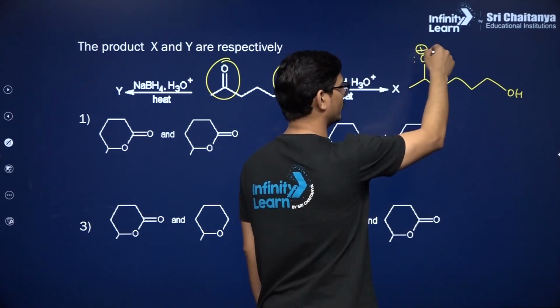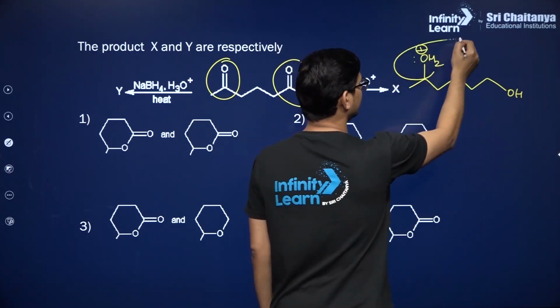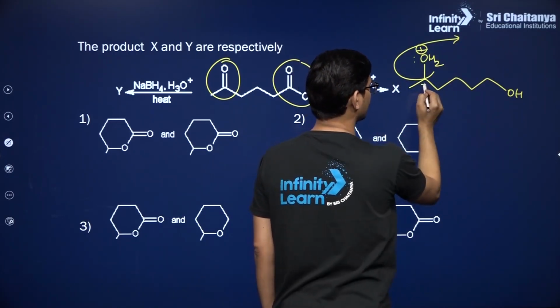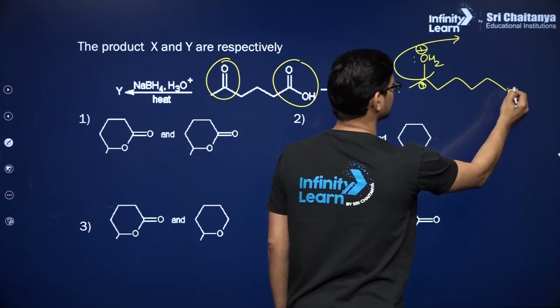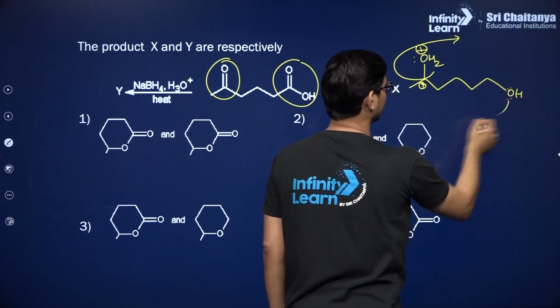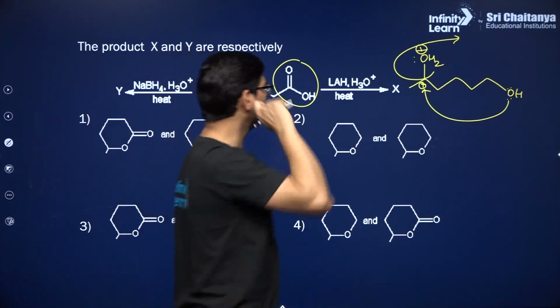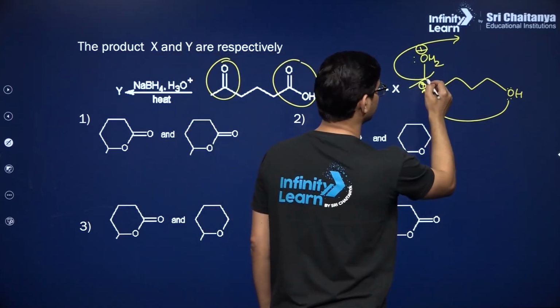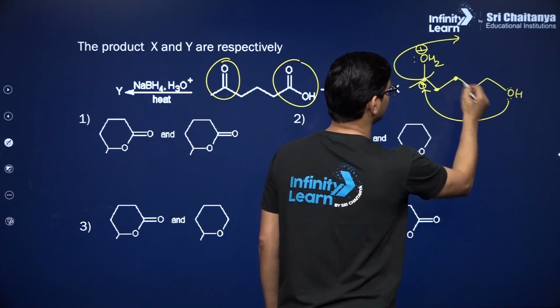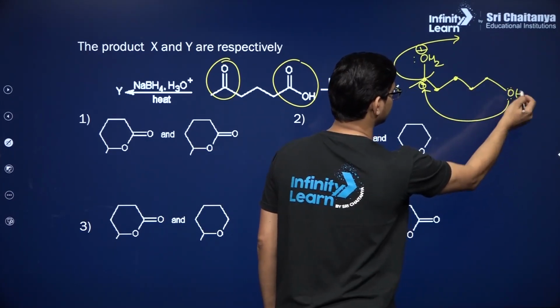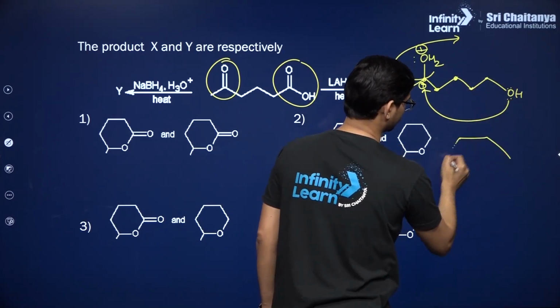Protonation leads to this OH2, a very good leaving group. It leaves the molecule leading to a positive charge here, and then this oxygen makes a nucleophilic attack here. So basically ring closure we have, right? So it's a 6-membered ring. Why? Because 1, 2, 3, 4, 5 and 6 atoms are there.